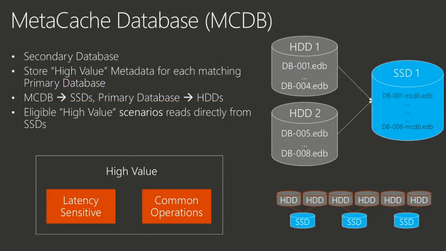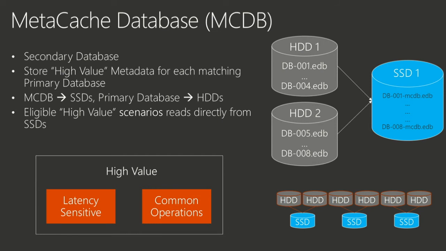So what is MCDB? MCDB is just a secondary database for each of your matching primary databases. We store high-value metadata in the secondary databases. MCDB resides on the SSDs, while your primary database stays on the HDDs. So whenever we have these eligible high-value scenarios, those reads can come directly from the SSDs, be much faster, and avoid HDD reads altogether.